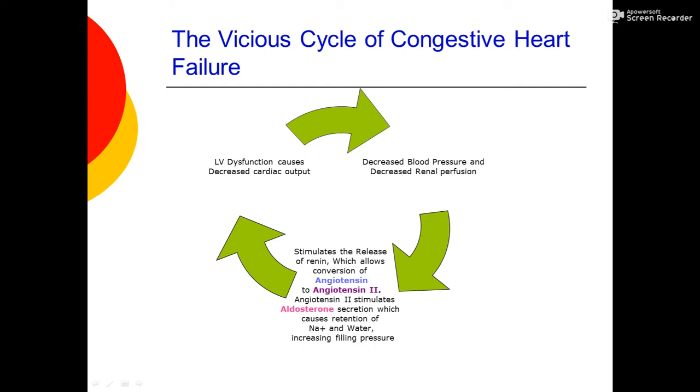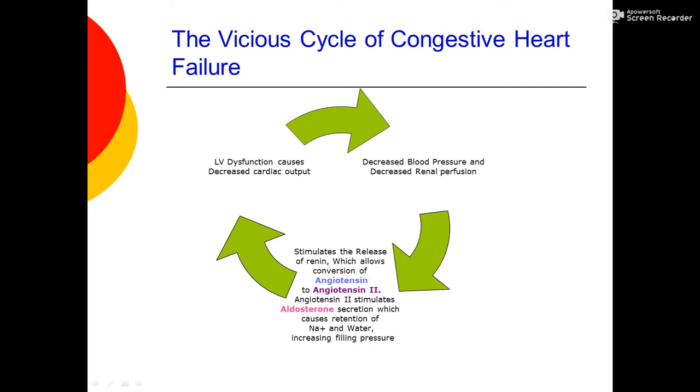Now let's see here. It can stimulate the release of renin, which allows the conversion of angiotensin to angiotensin 2. Angiotensin 2 stimulates aldosterone secretion, which causes retention of sodium and water, increasing the filling pressure.